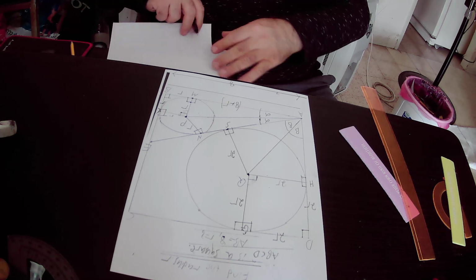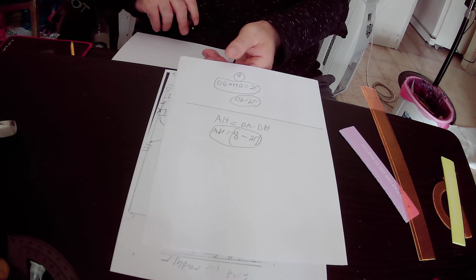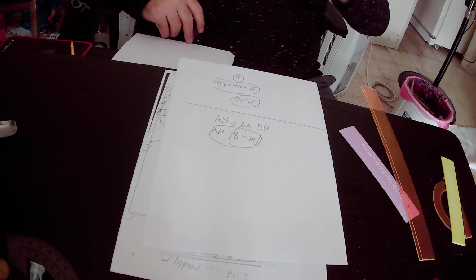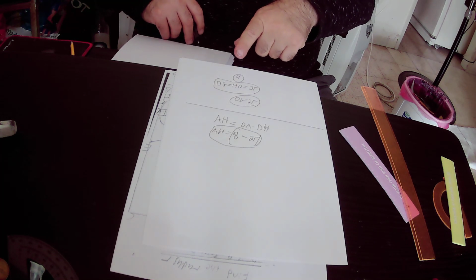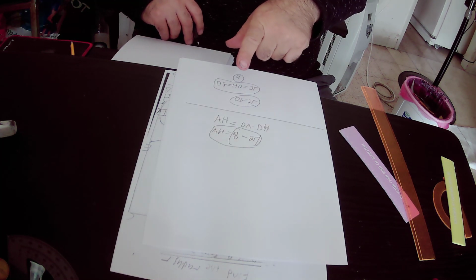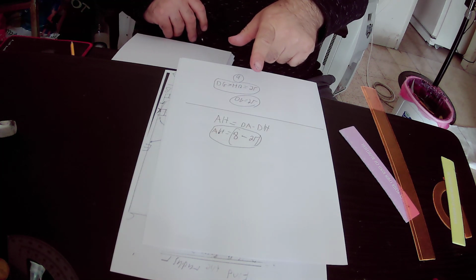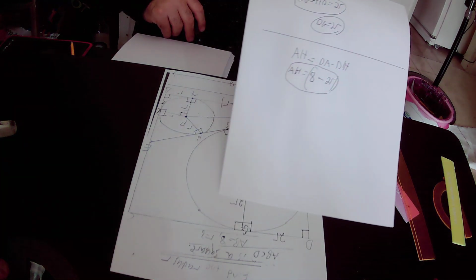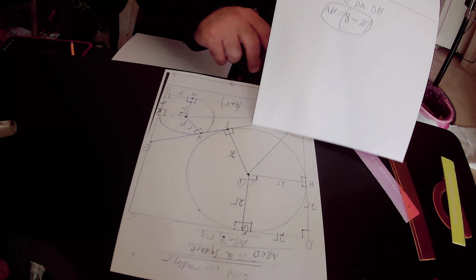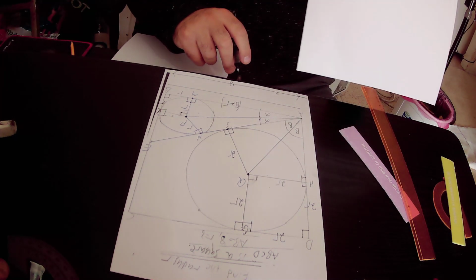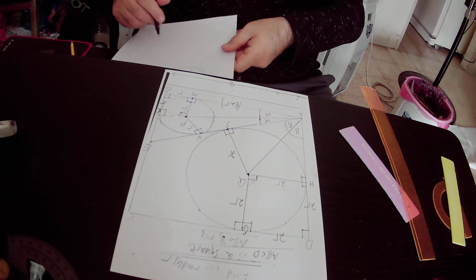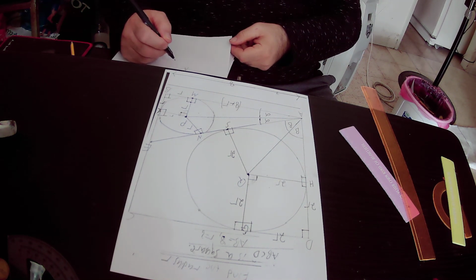So in total we got that AH, or HA, equals 8 minus 2R. And AM equals 8 minus R.